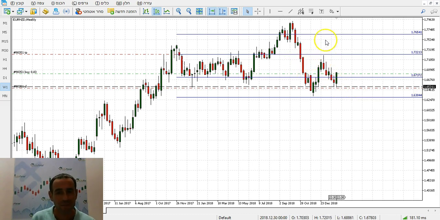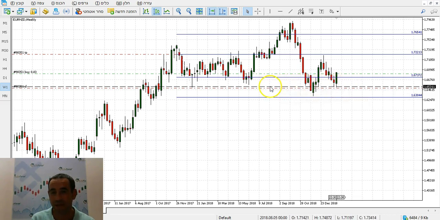Now, the fact that it missed the higher section here, the fact that price missed by 20 pips that key level at 72.21, coupled with that downside move, and the fact, now this is the most important technical element, the fact that downside momentum broke when price reached this particular key level.